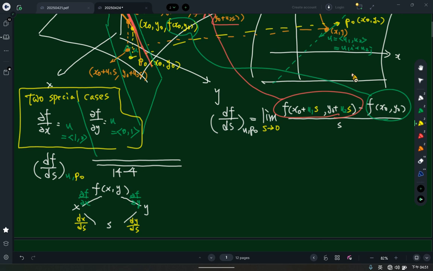So we can get partial f, partial x times dx over ds, plus partial f, partial y times dy over ds.